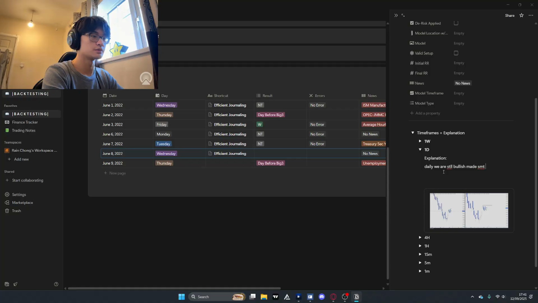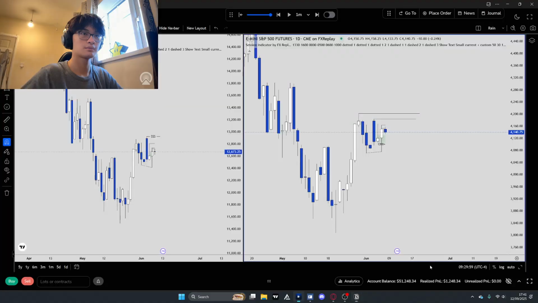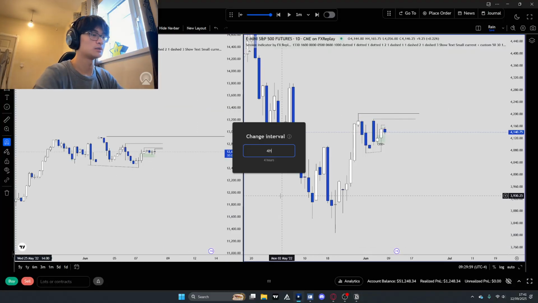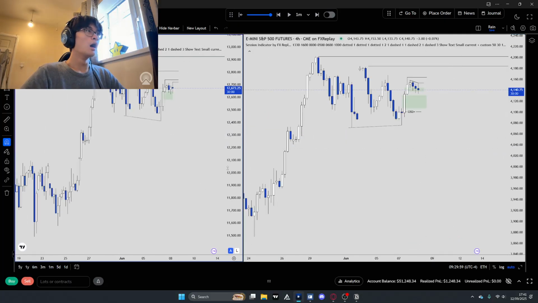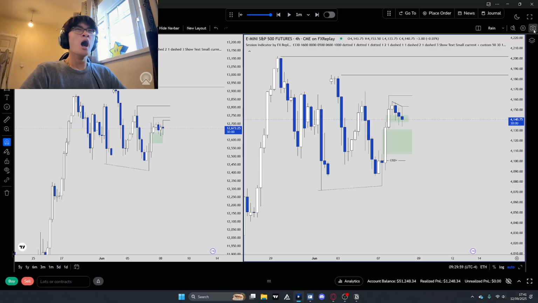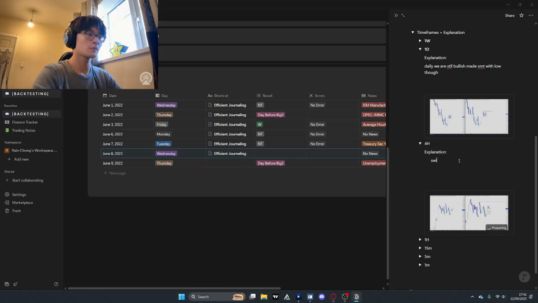Made SMT with the lows though. 4 hour, we are rejecting off a PD array.